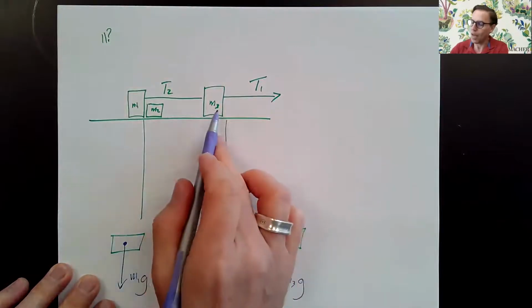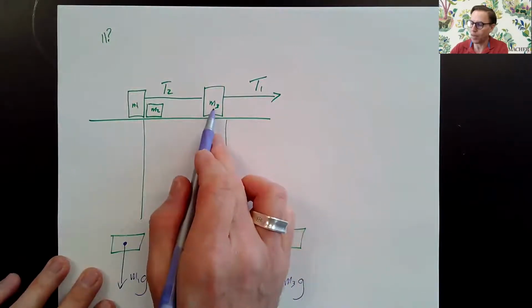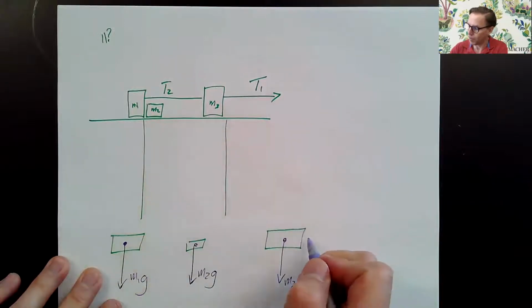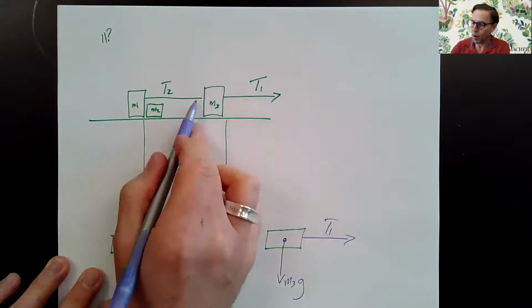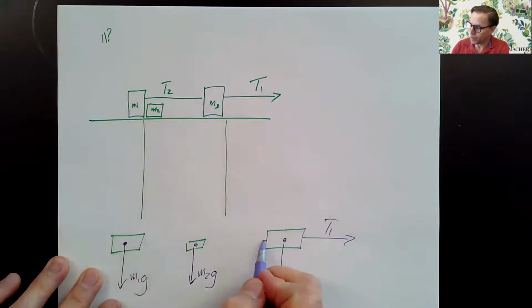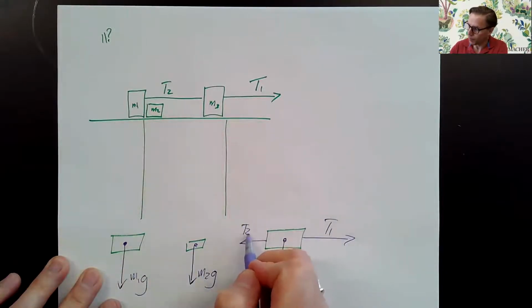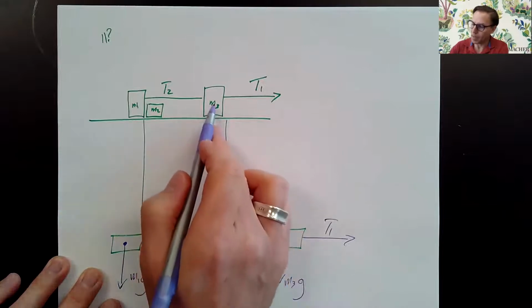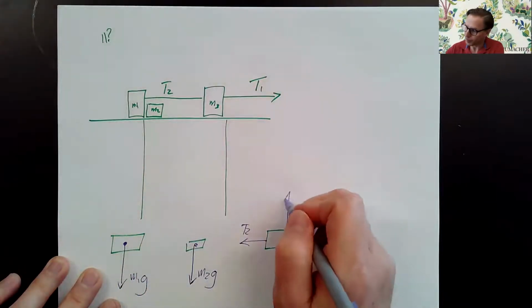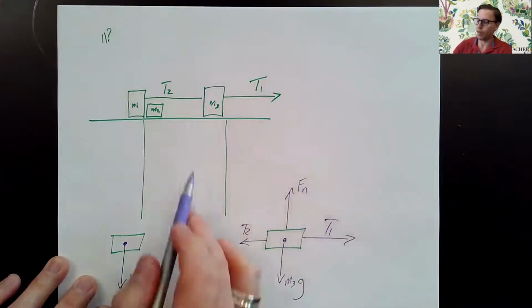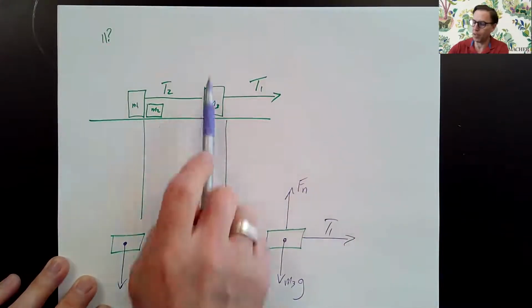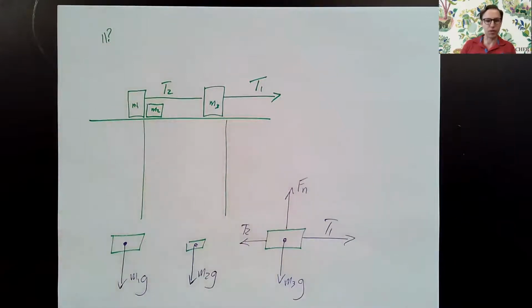All right, now who else pulls on block 3? Well, this rope pulls block 3 to the right, so I'm going to call that T1. And this rope pulls block M3 to the left, so I'm going to call that T2. And the table pushes block M3 up. I'm going to call that a normal force, because when a flat planar surface pushes perpendicular, we call that a normal force.